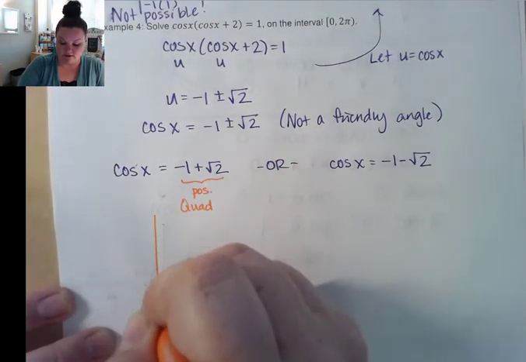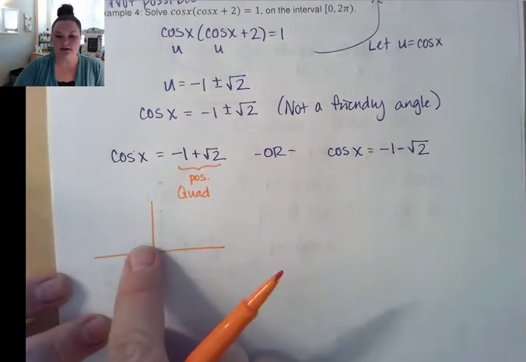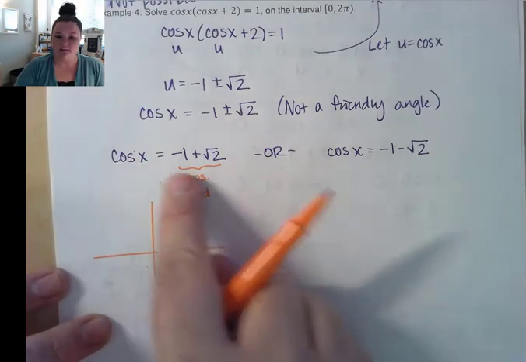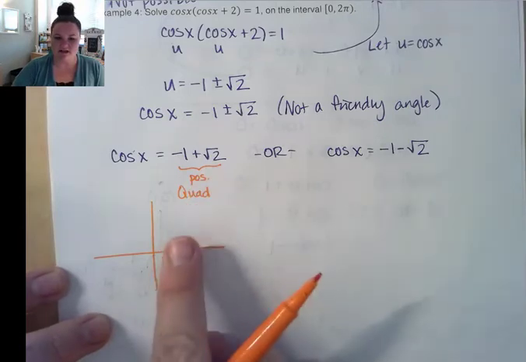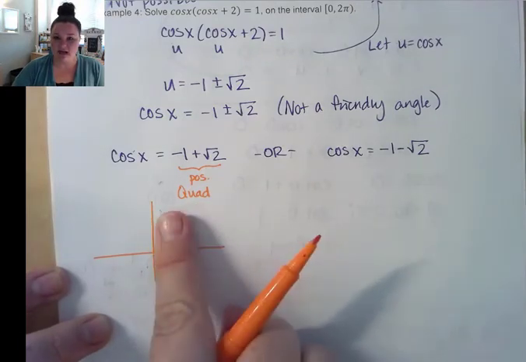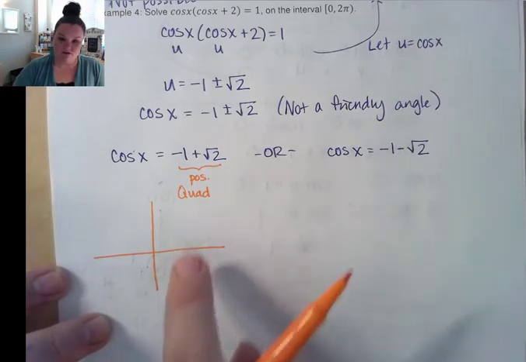So if I think about my unit circle, where is cosine positive? Well, cosine is relating to the x, right? So anything on this side of the y-axis gives me a positive x value, right? So that would be this quadrant or this quadrant.